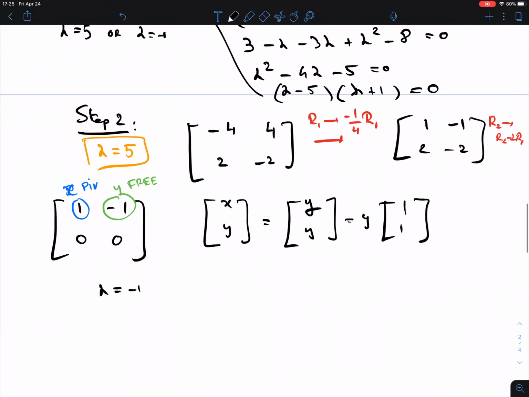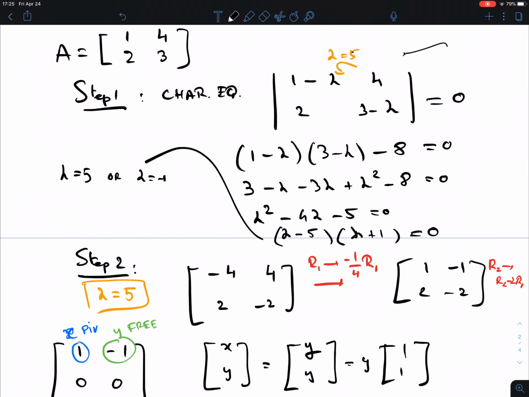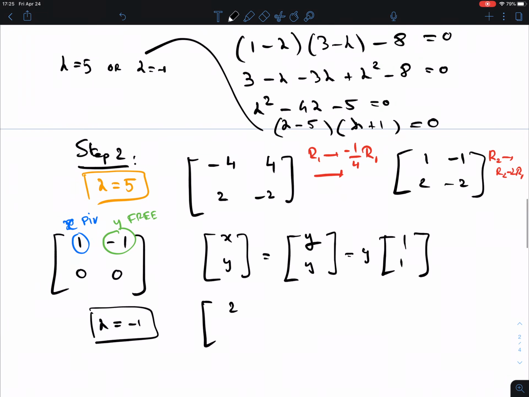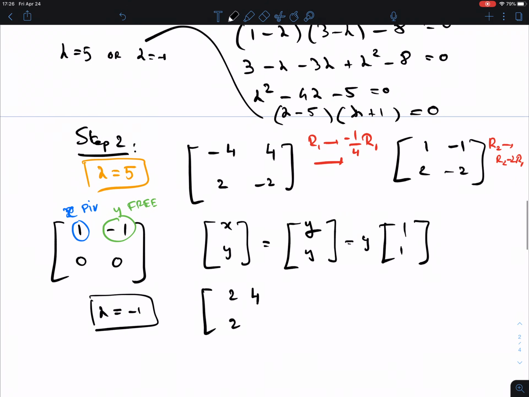So what about the other one? Negative 1. So now I plug in negative 1 in here, so lambda is now negative 1, so I get 2, 4, 2, 4.